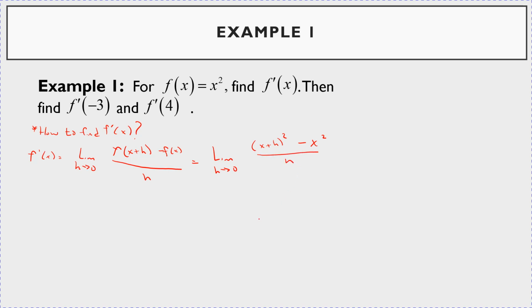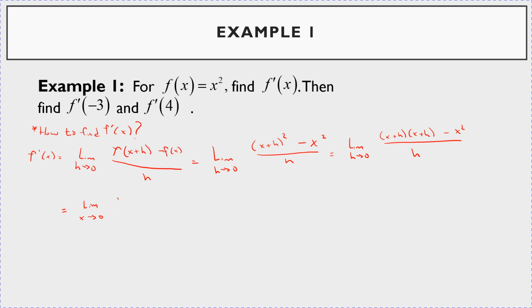all over h. So what I'm going to have to do now is work some algebra magic here. This is the limit as h goes to 0. I'm going to have to rewrite this. This is x plus h times x plus h, minus x squared, all over h. Well, so now I have to FOIL this out, right?